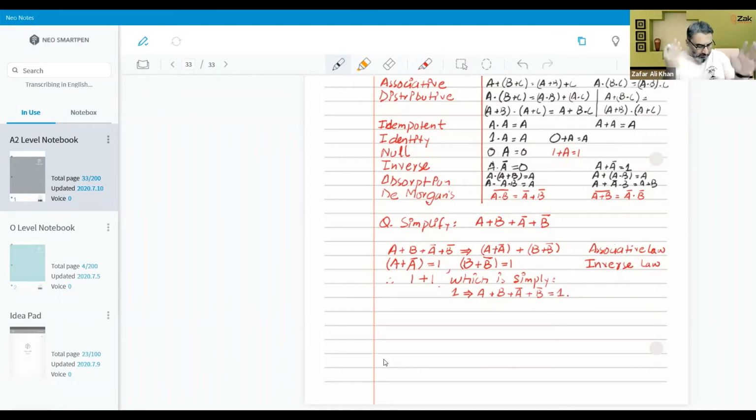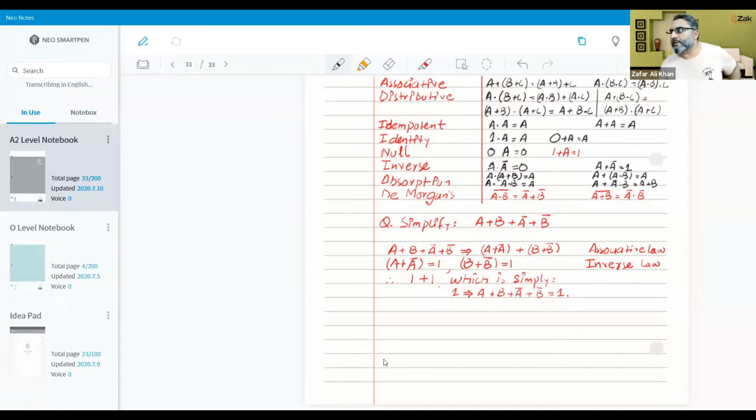So the whole solution of the question is 1. That's it. Let's solve another question. So we have simplified it. When there will be 1, the answer will be 1.